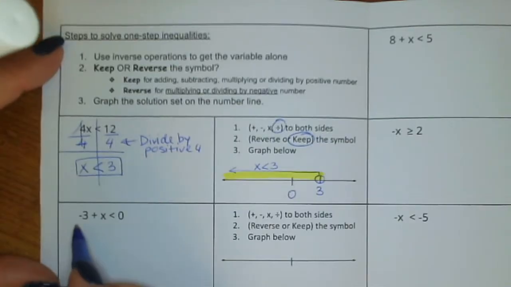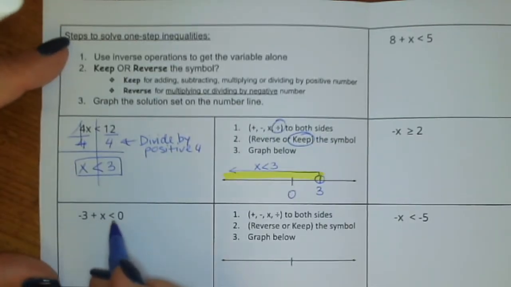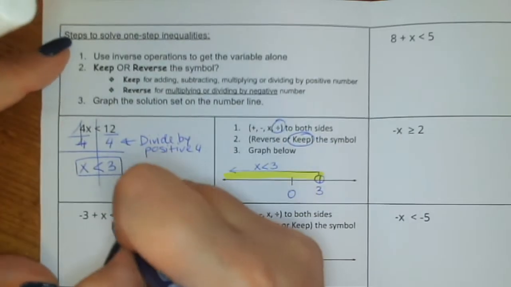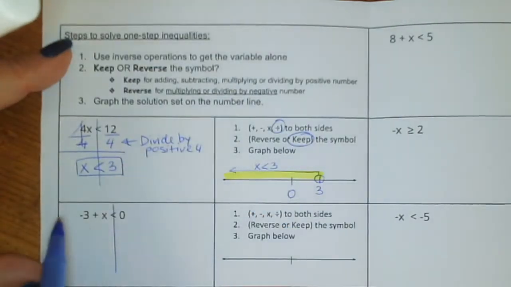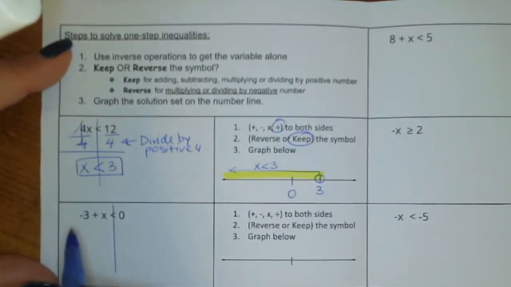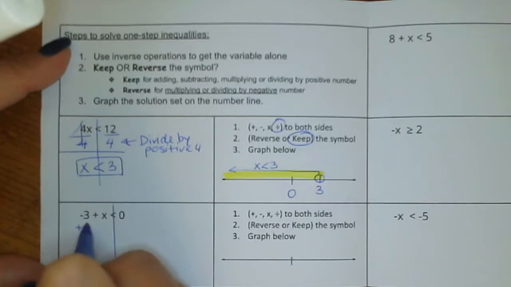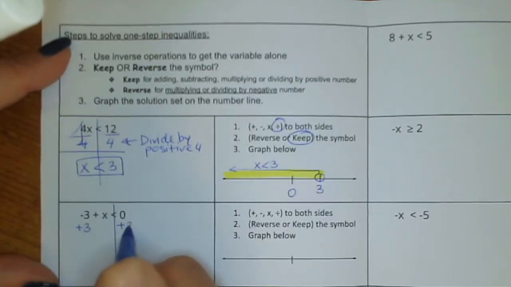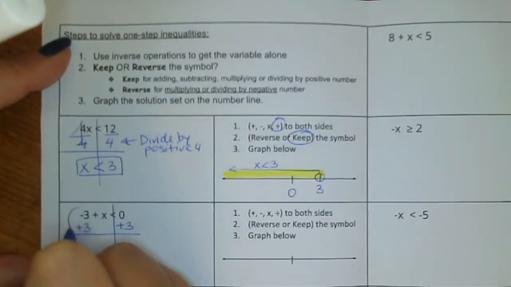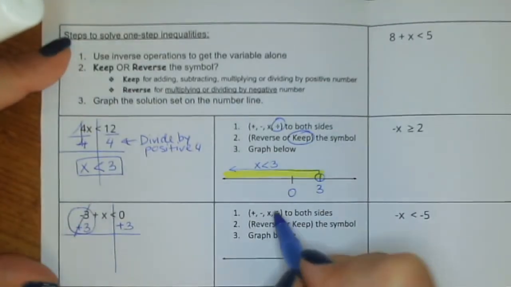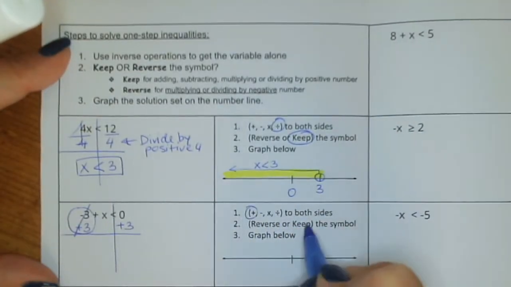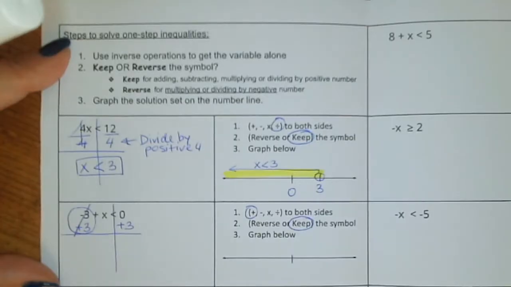Negative 3 being the constant plus x is less than 0. In order to solve, we have this constant, which is subtraction. Inverse operation is addition, or add 3 to both sides. Adding 3 to both sides, we keep the symbol.